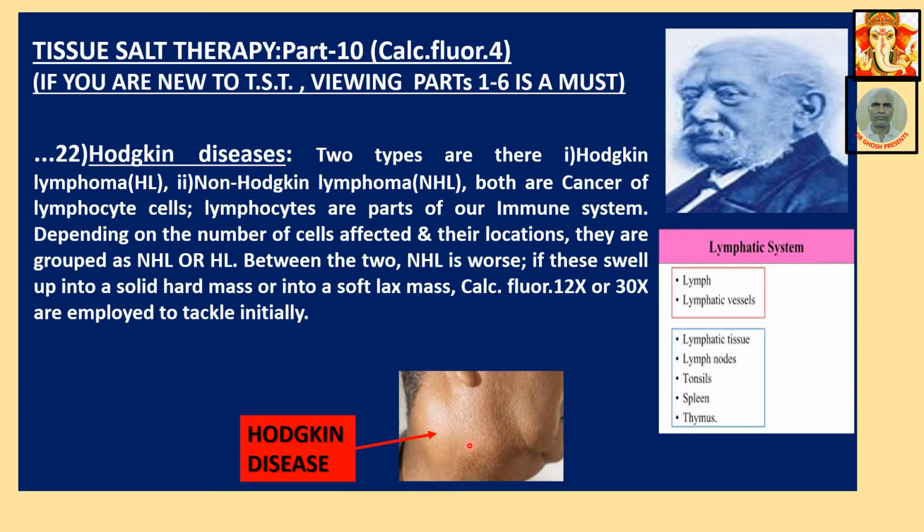Please remember this, and read Calcarea Fluor and Silicea as many times as possible, maybe 100 times, 200 times, it doesn't matter, because these require tremendous attention, devotion, and serious study of the symptoms.